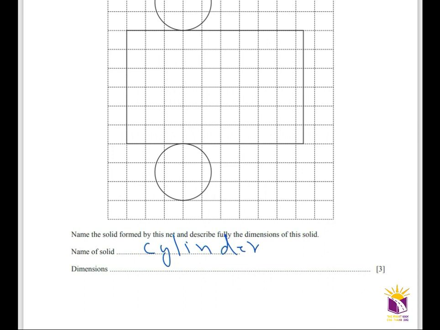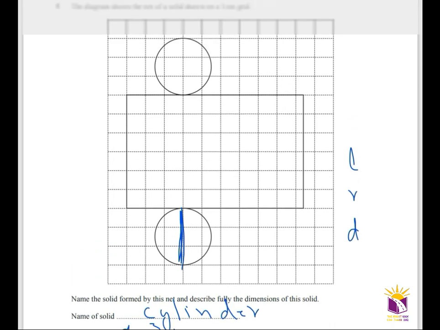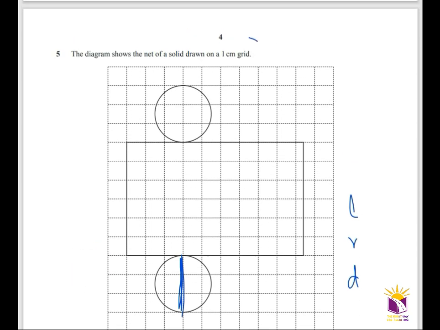To describe the dimension of a cylinder, we have to know its length and its radius, or we can say its diameter. For the diameter, this length is your diameter, and your one block is 1 centimeter, so the diameter will be equal to 3 centimeter, as it is a 1 centimeter grid.